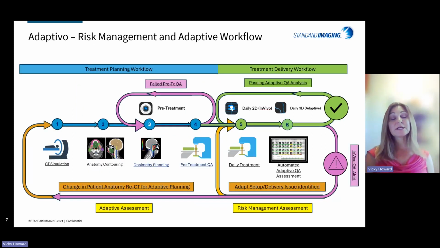So as I mentioned, Adaptivo really can be easily integrated into any clinical workflow. As I mentioned, we offer 3 modules, which enable a comprehensive automated end-to-end patient QA solution. This diagram demonstrates how Adaptivo's automation fits seamlessly into your clinic from your pre-treatment workflow, where you can see here it's very similar to any pre-treatment workflow.